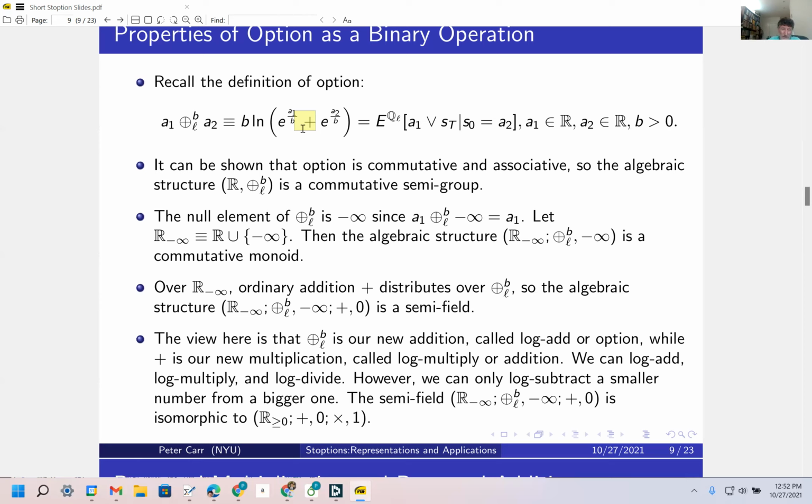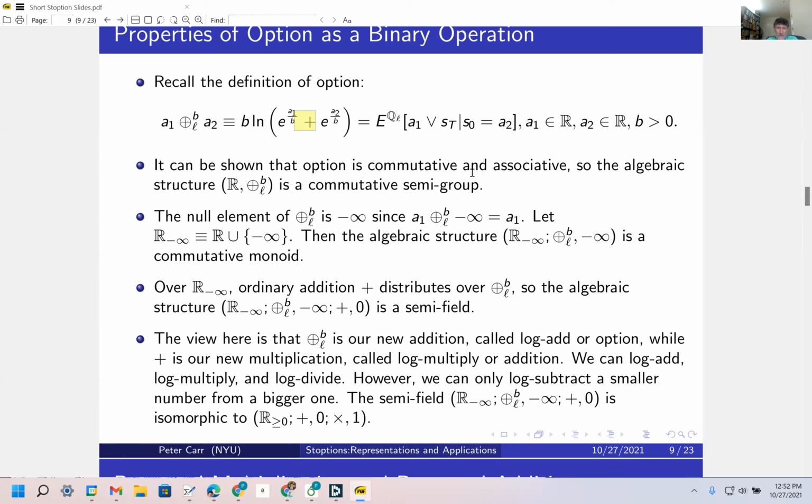And here we see that the generator is b log. So when you have an algebraic structure that has a single binary operation, which is commutative and associative, then the name people in abstract algebra give to that algebraic structure is a commutative semigroup.